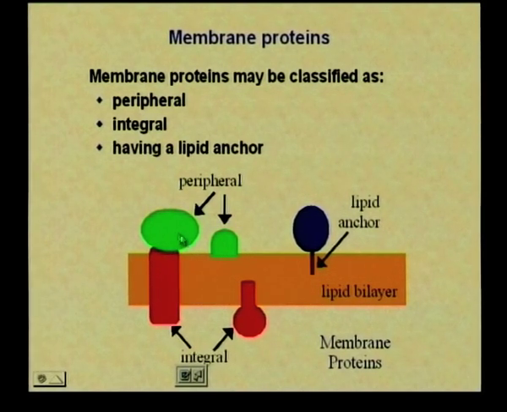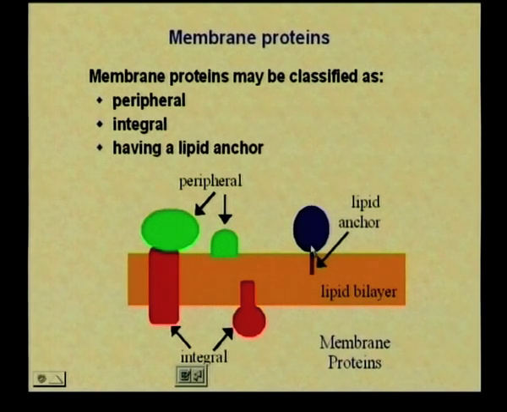The peripheral proteins are the ones that are marked in green here, that are on the periphery of the membrane. The ones marked in red are integral proteins that are sort of embedded in the bilayer. Okay?